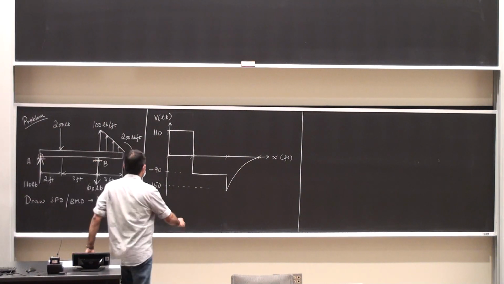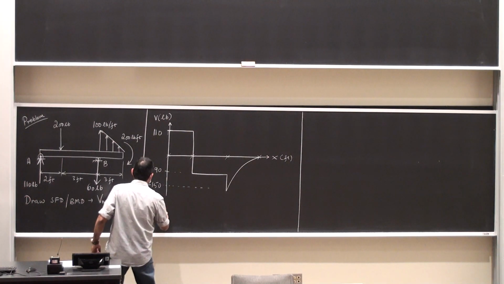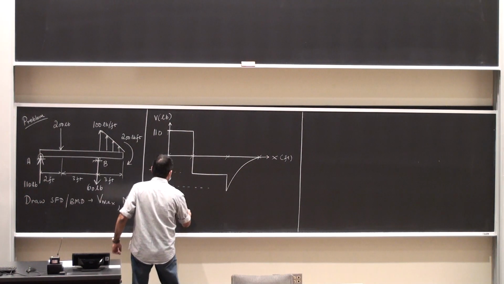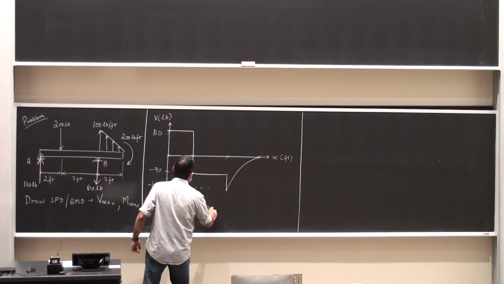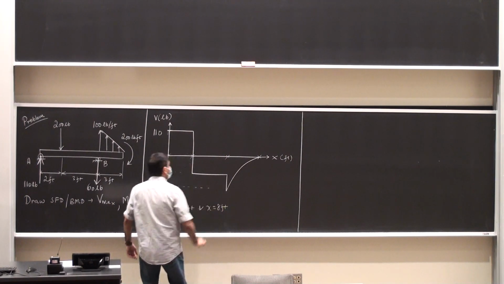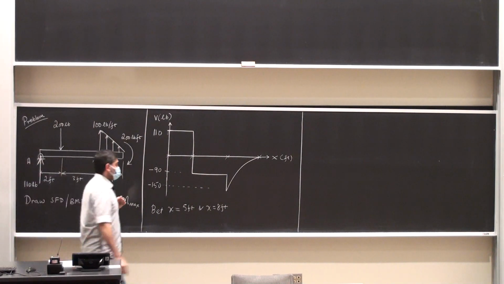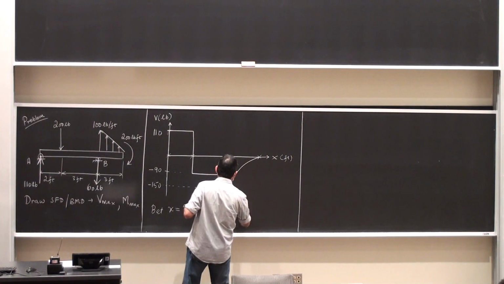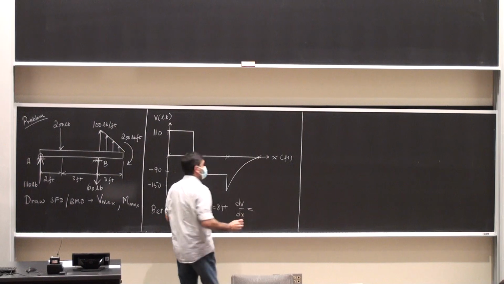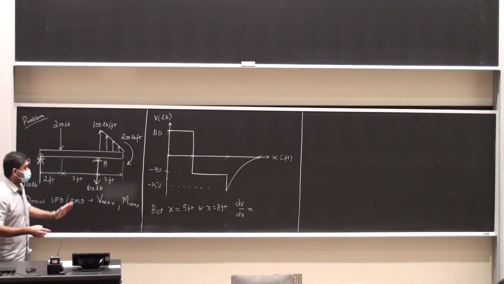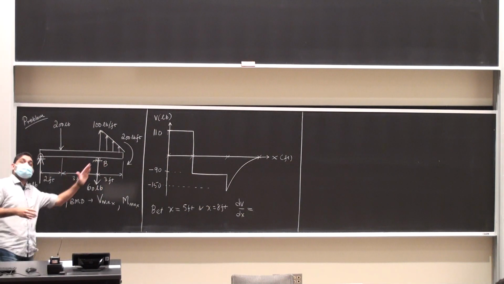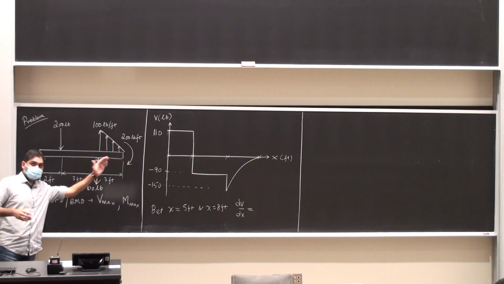Okay, so between x equals 5 feet and x equals 8 feet, the dV by dx value is first of all positive. So I see that I have a positive slope, pointing up as I go from 5 feet to 8 feet.